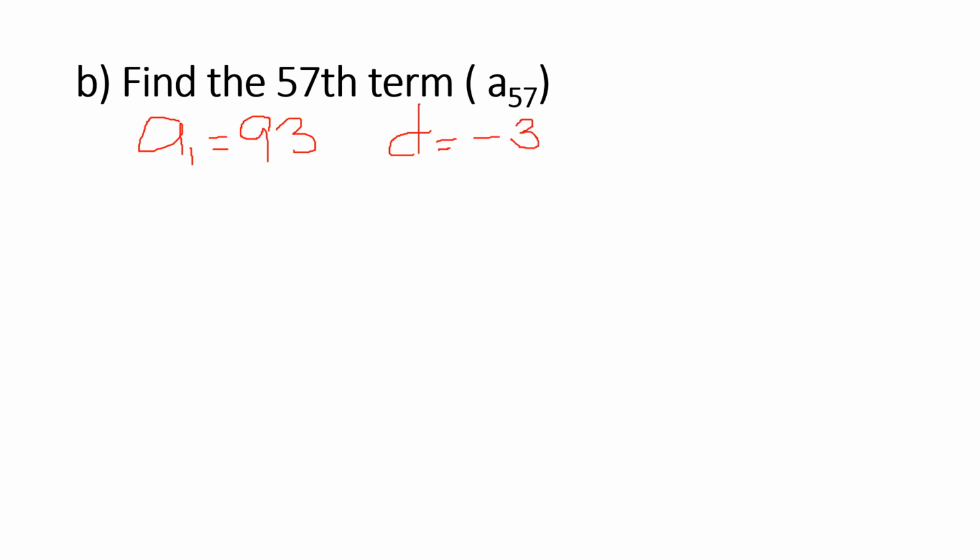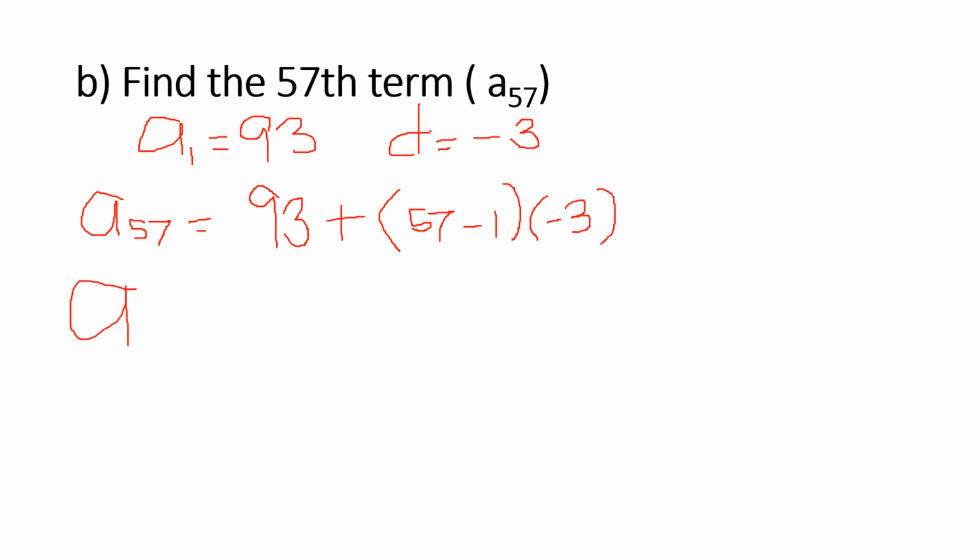So from our formula, so hindi ko nasasulat yung formula, so we have a 57, so substitute na natin sa formula, equals 93, that is a sub 1, plus n is 57 minus 1 times negative 3.